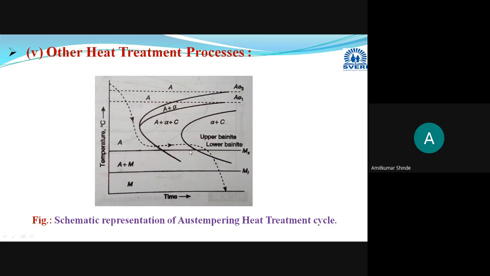This bainite will provide you the hardness, but its hardness will be a little on the lower side as compared to martensite.